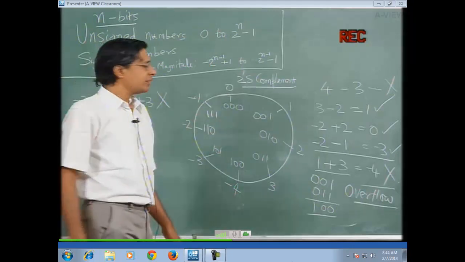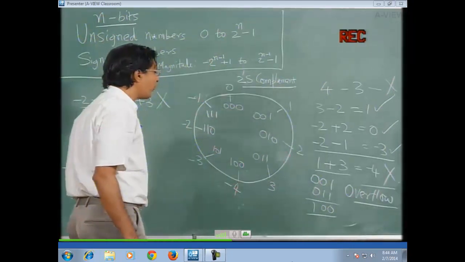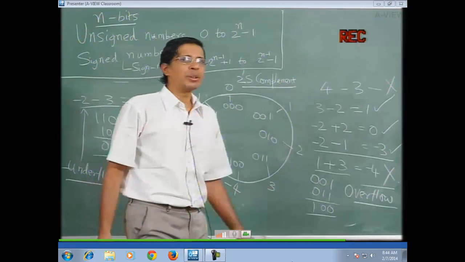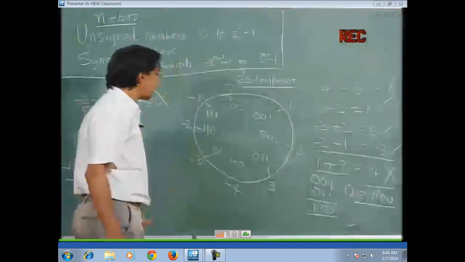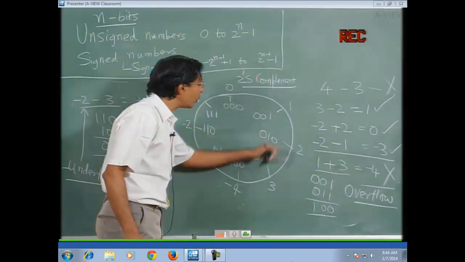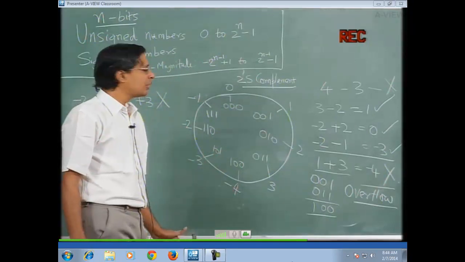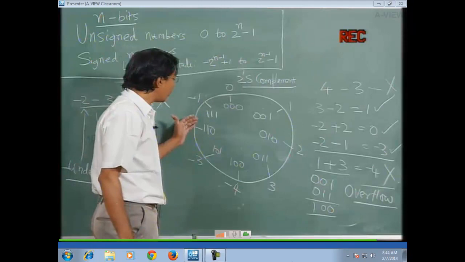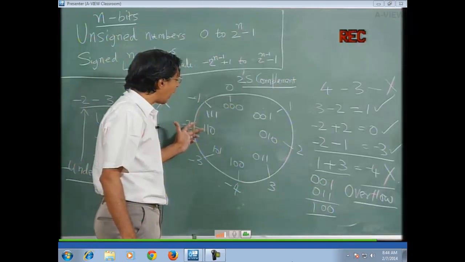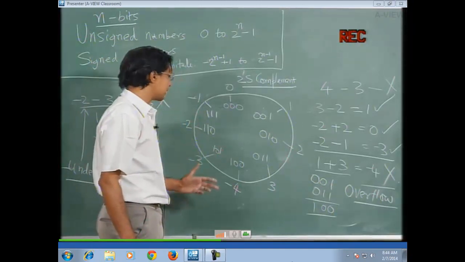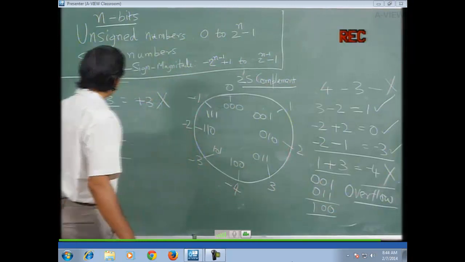So how do I detect this overflow and underflow? Please note that, assuming the inputs are within this range, an underflow can happen only if I have two negative numbers. For example, minus 2, minus 3.